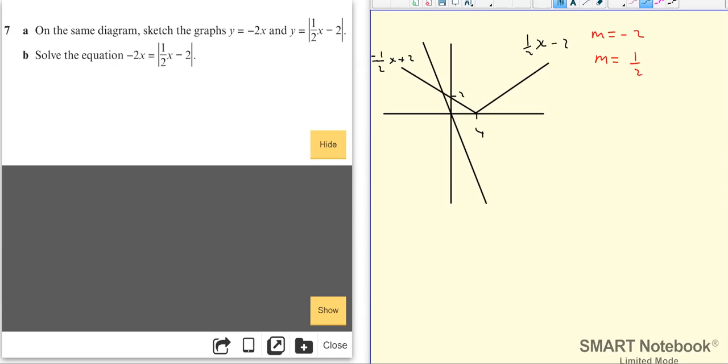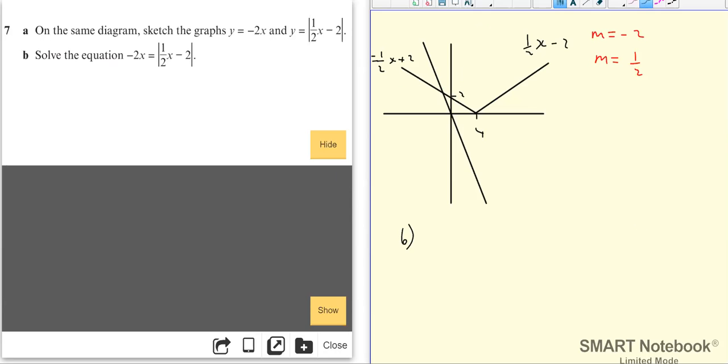Right, okay, so now looking at this, it says B, solve that equation. How many solutions can we see on this graph here? How many solutions are there to where minus 2x equals the modulus of a half x minus 1?